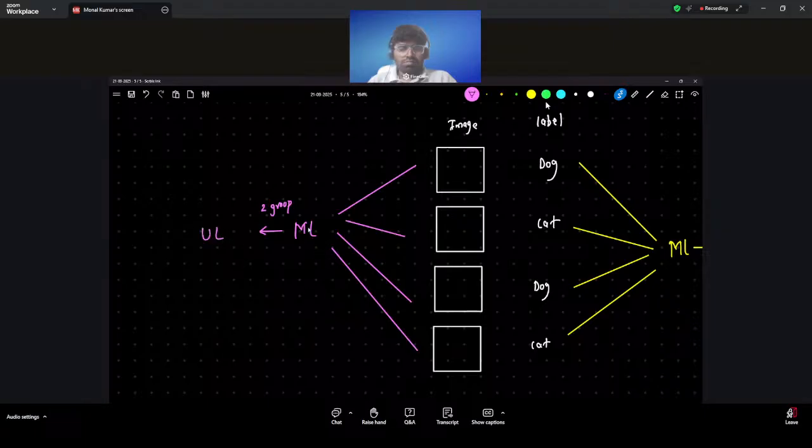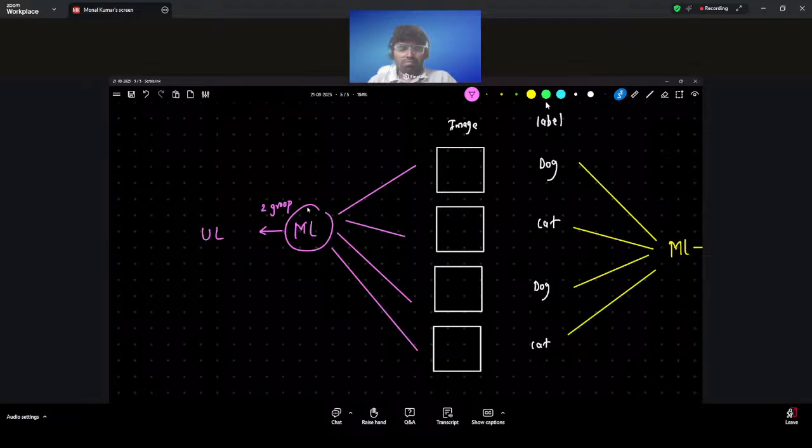This time machine learning will identify what the features of a dog are and what the features of a cat are. Is there any difference between dog and cat? Yes, there is. We are asking machine learning to handle that feature selection.